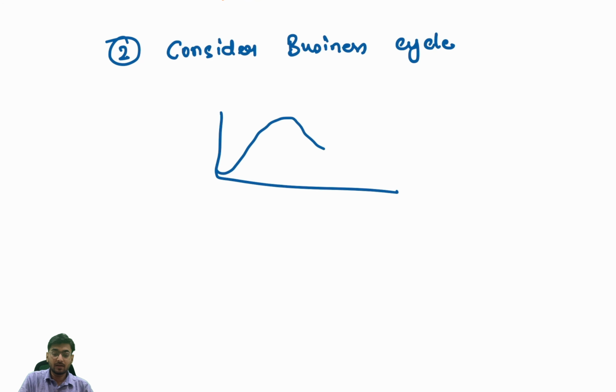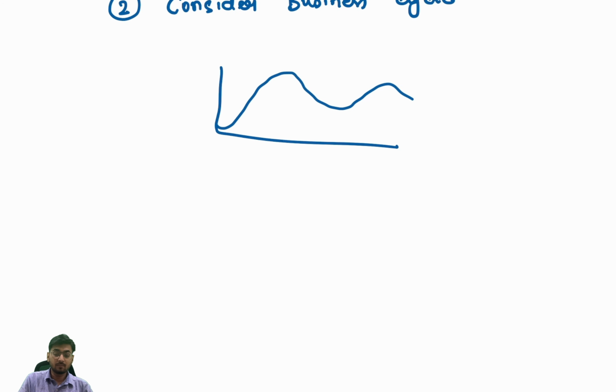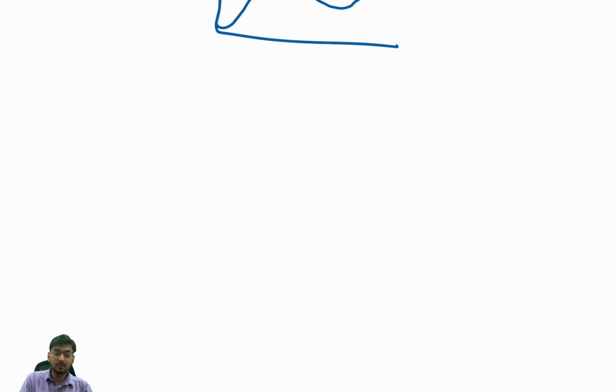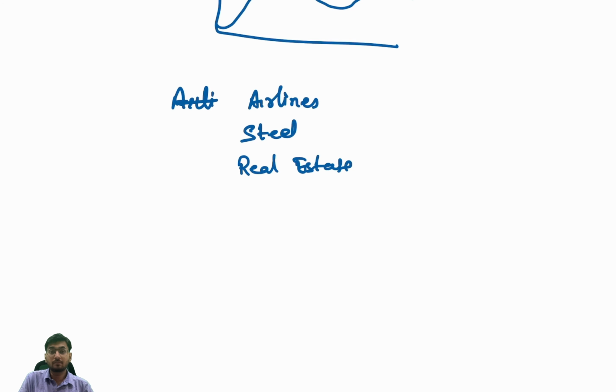If I'll tell you some examples, like airlines, then we have steel, we have real estate. They are not in the boom all the time. Okay, so some years they have a boom, some years they have a slowdown.